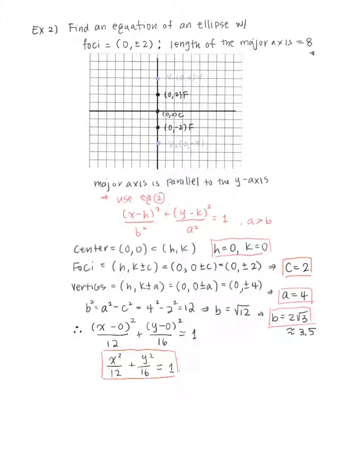Now let's go with the co-vertices. To find the co-vertices, what we need to do is, from the center, go approximately 3.5 units to the right and the left. So let me just plot that point. 1, 2, 3, maybe right here.